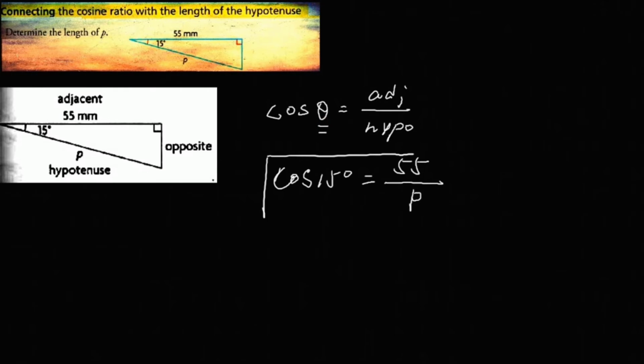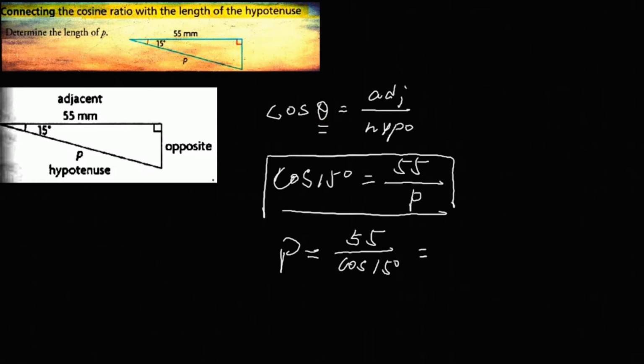We rearrange this equation: P equals 55 over cosine 15 degrees. Looking up cosine 15 on the calculator, it is 0.97, so this is roughly 57. The length of P is about 57 millimeters.